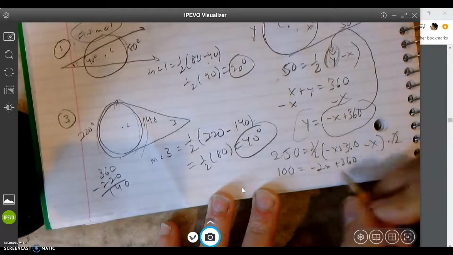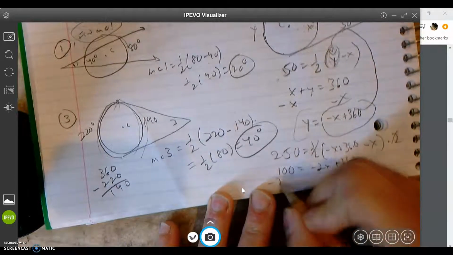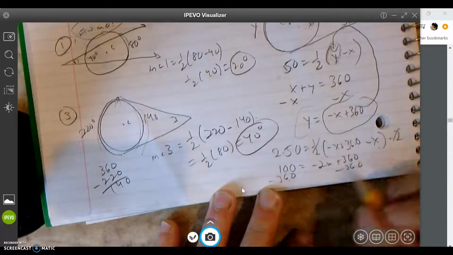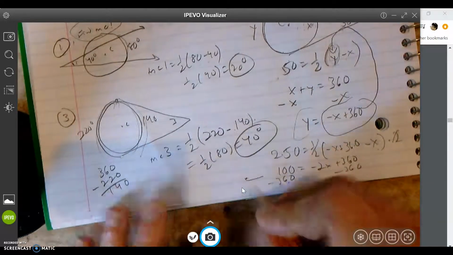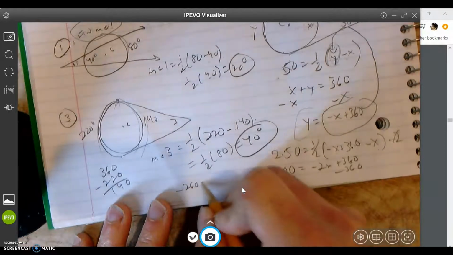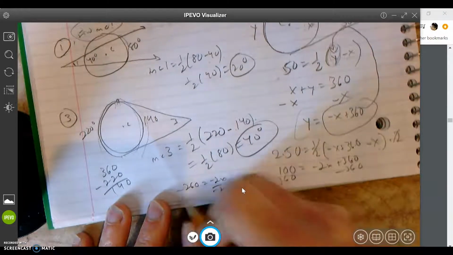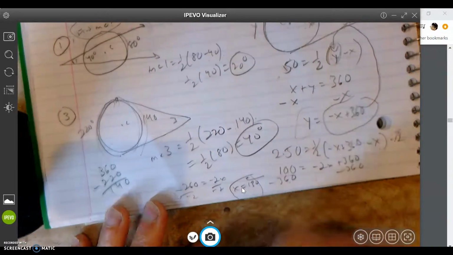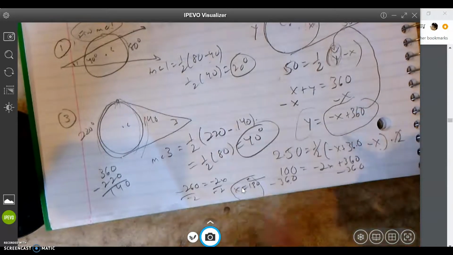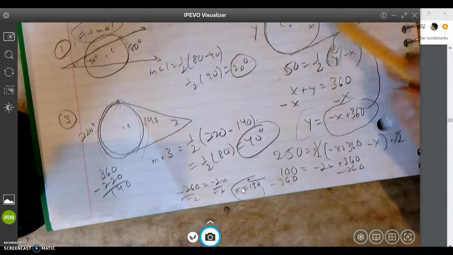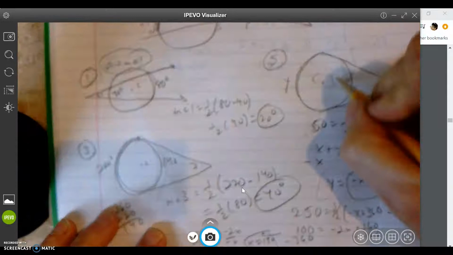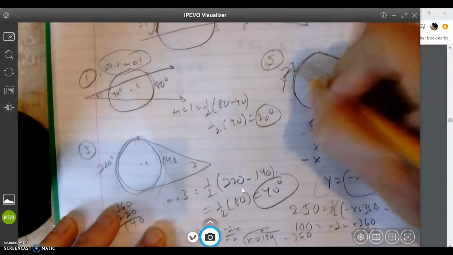Subtract 360 from both sides, and this is negative 260. Negative 260 equals negative 2x, divided by negative 2, and x equals 130. So x is 130, and this would be 230.